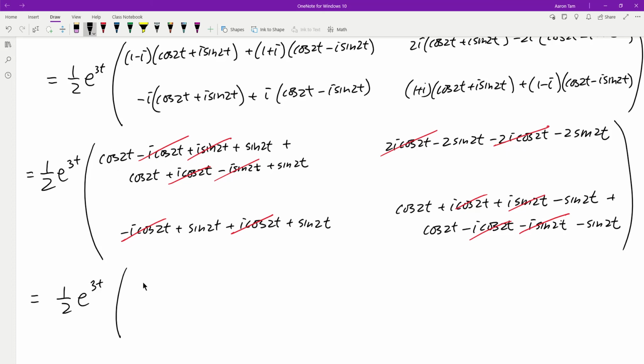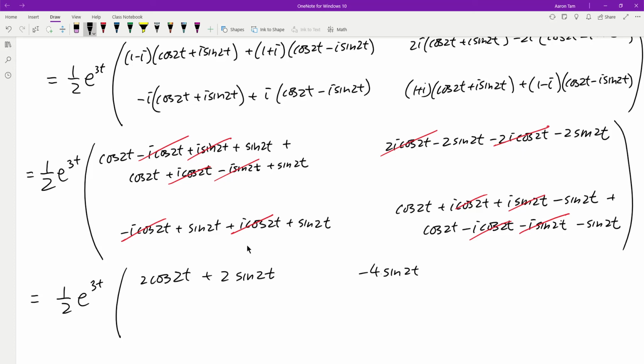That becomes just 2 cosine 2t plus 2 sine 2t. And this one becomes minus 2 sine 2t minus another 2 sine 2t, so minus 4. I didn't expect that.